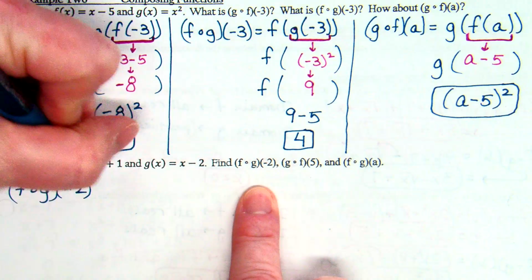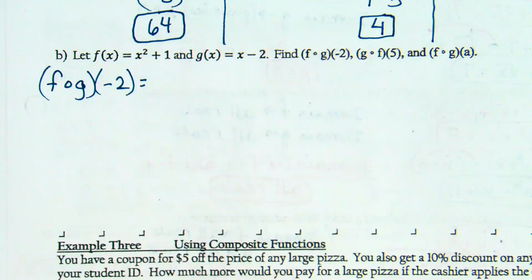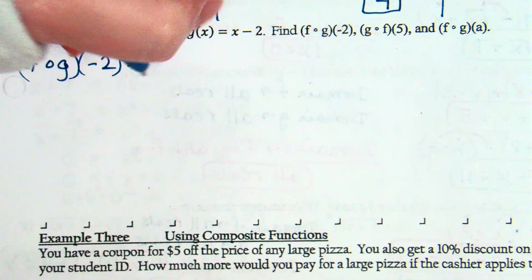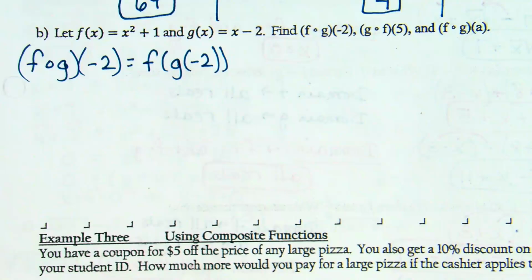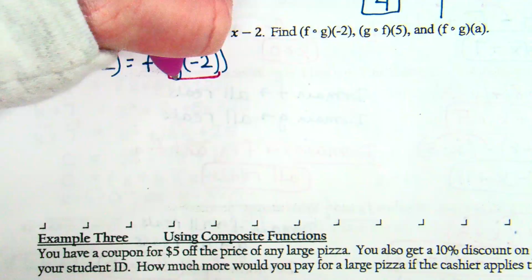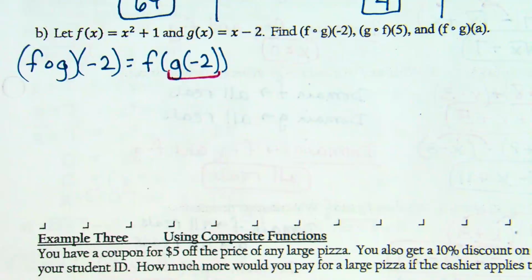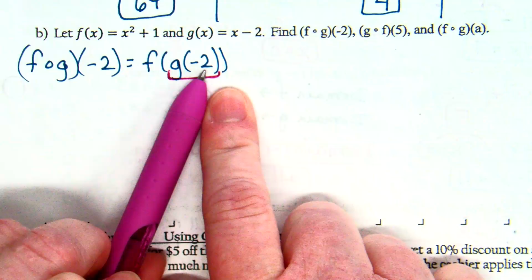The first one they ask us to do, F of G of negative 2. So where do I start? Inside, with G of negative 2. That means negative 2 becomes my x in G. What's G tell me to do?